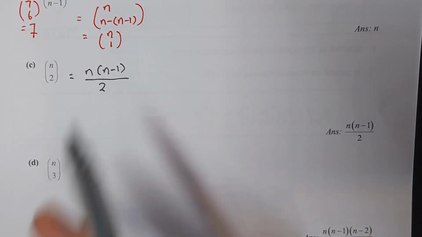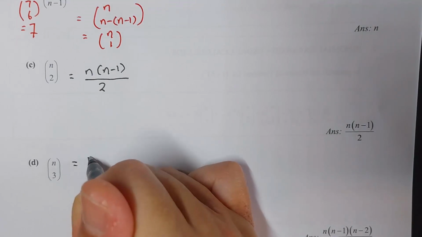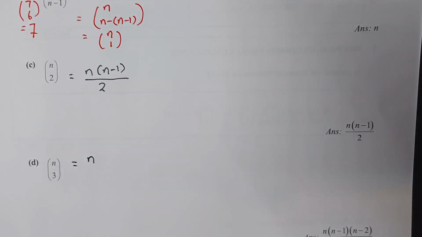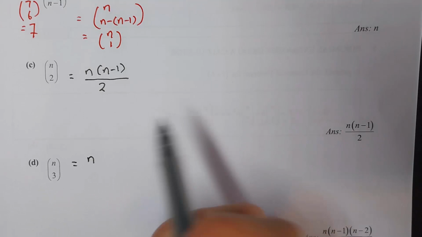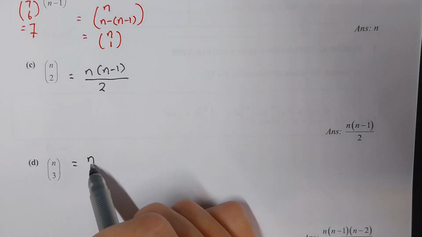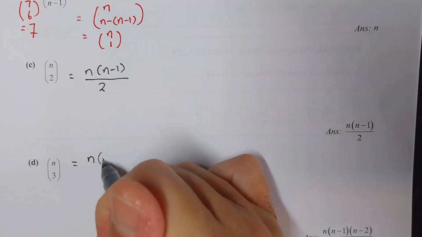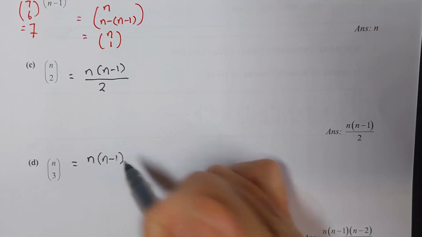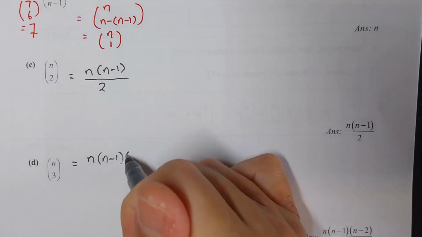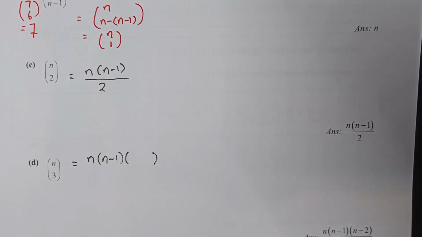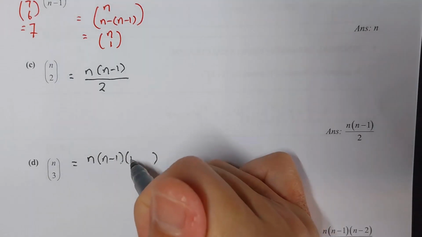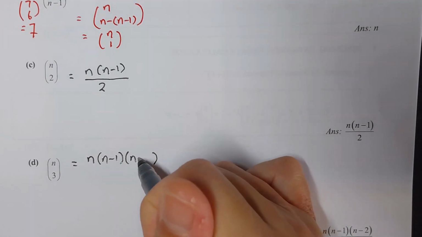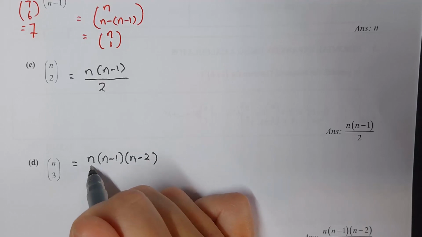What about n choose 3? So we will start with n. We will go descending order consecutively 3 times. 1 time, 2 times. Now what will the next term be? Yes, it is n minus 1 minus 1, so it's n minus 2.